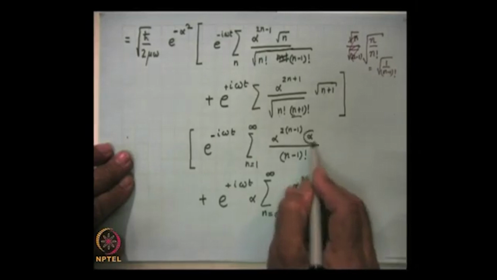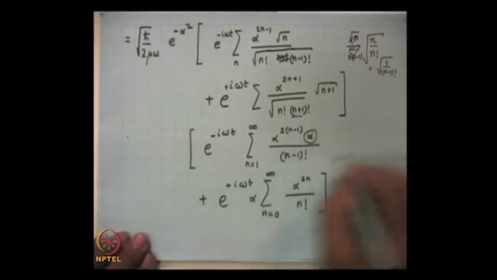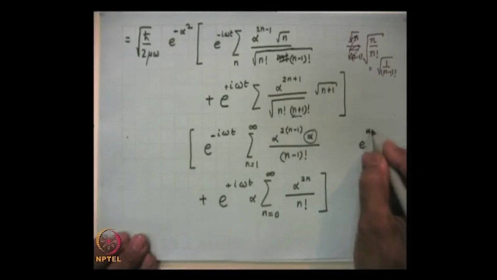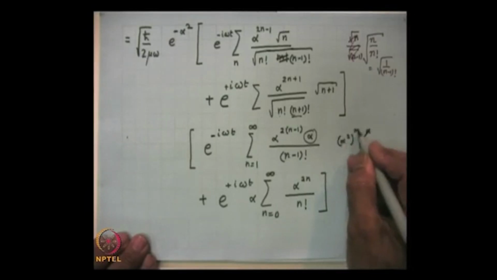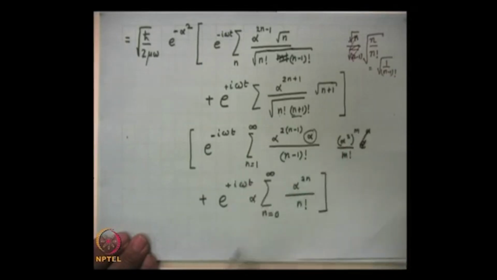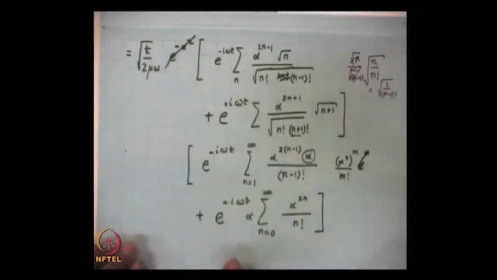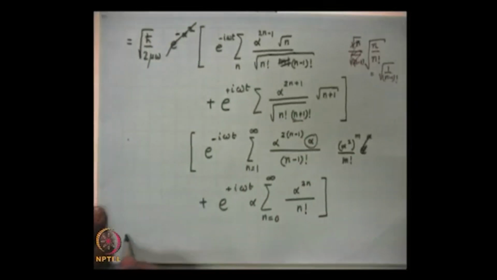If I take this alpha outside, this is just alpha square raised to the power of say m divided by m factorial. So this is all e to the power of alpha square, and this is also e to the power of alpha square. So e to the power of alpha square will cancel out with e to the power of minus alpha square, and both will have alpha outside.